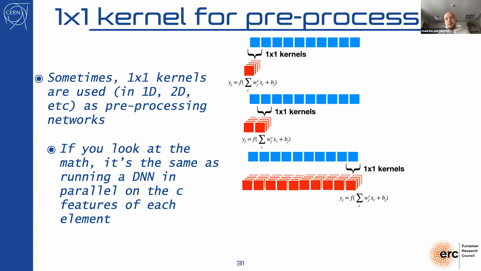But the fact of taking your inputs, processing them with some kernel, and then doing the rest of the processing on the output of the kernels is pretty much a standard way, for instance, in computer vision. In computer vision, you might decide that you don't want to learn on R, G, and B separately, but on some function of R, G, and B, and you want to learn in the process which kind of function you should be using.